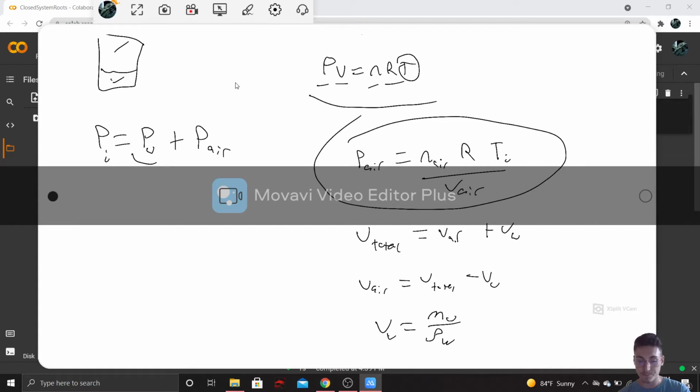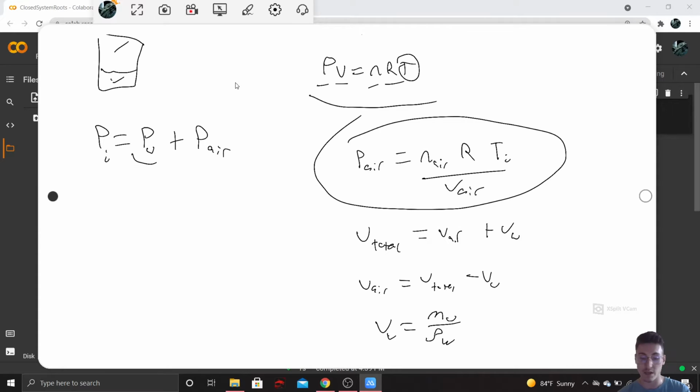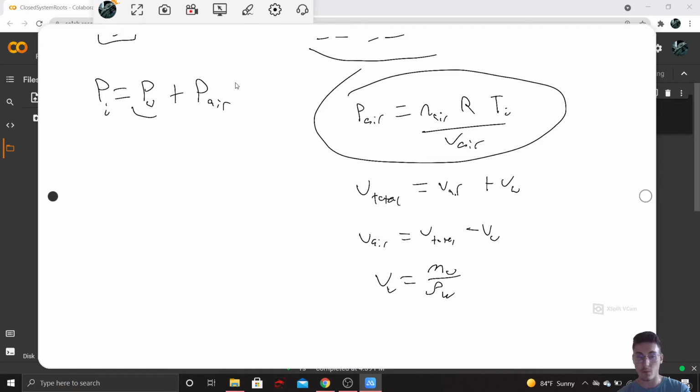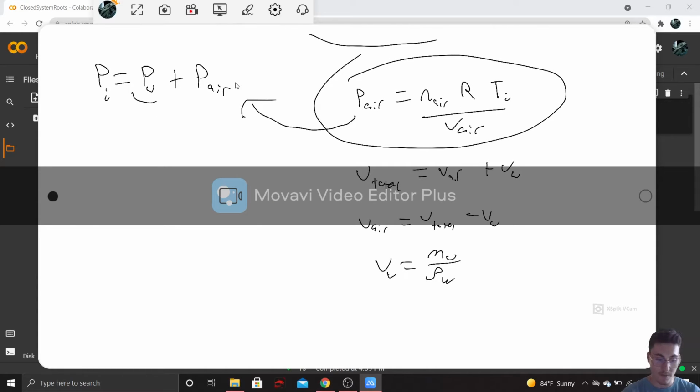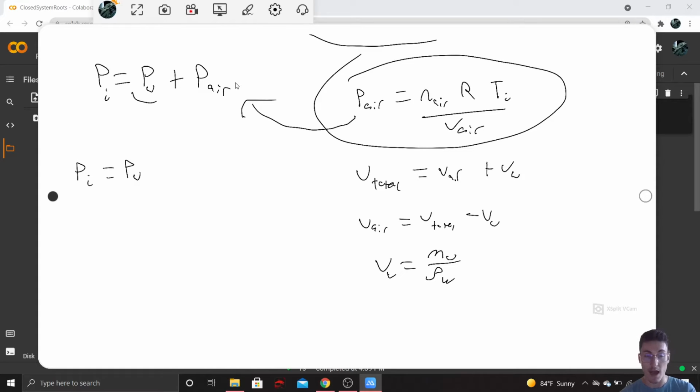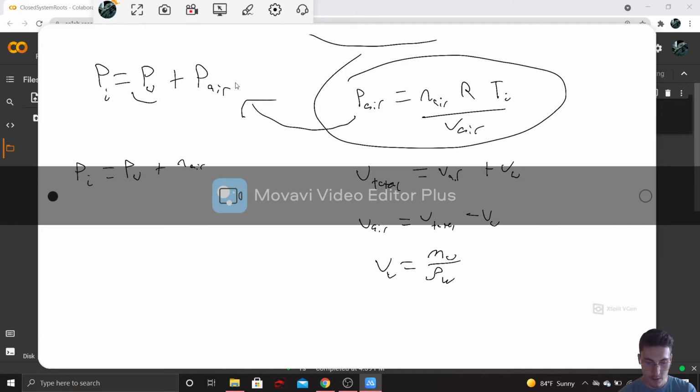So now since we know the volume of just the air and we know the temperature and the gas constant, we can solve for the number of moles of air, because if we take this and plug it back into here, we know the initial pressure. Let's rewrite this real quick. The initial pressure is equal to the partial pressure of water at 298, which we know, so that's just a number, plus the number of moles of air, RT, over the volume of the air.